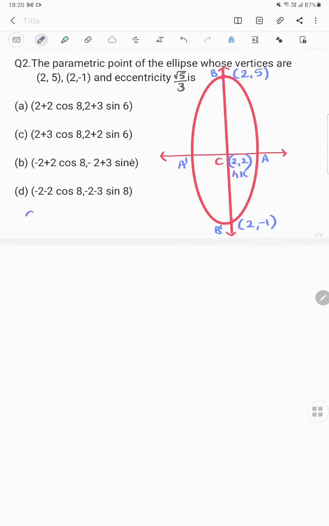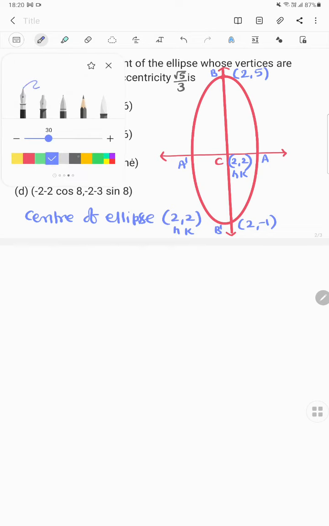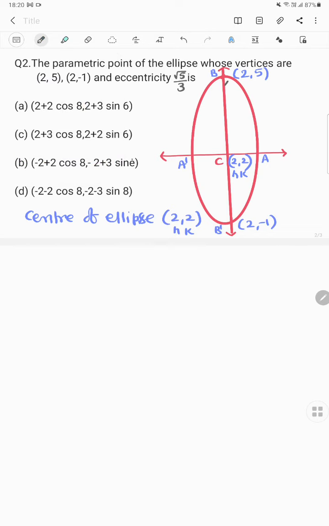So the center of the ellipse is 2 comma 2, which is denoted by h comma k. We need to calculate the values of a and b. So here, from here to here it is b units, from here to here it is a units.